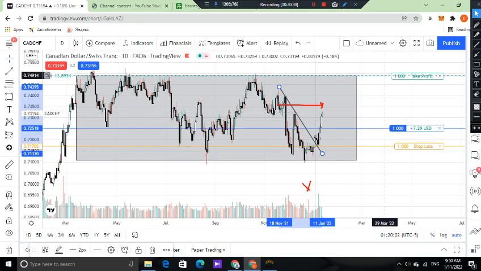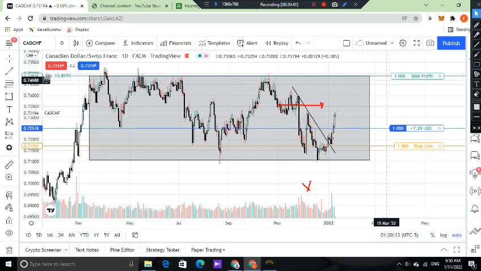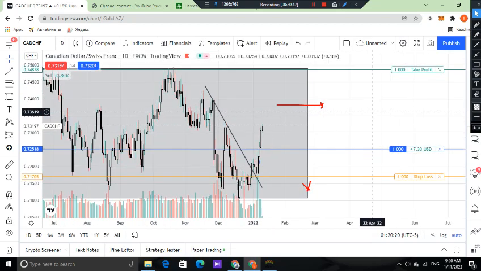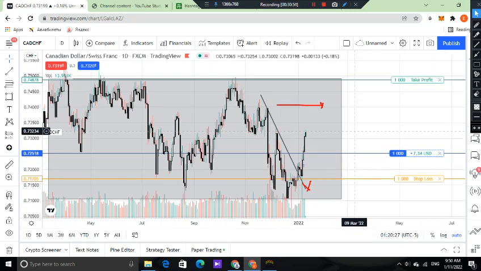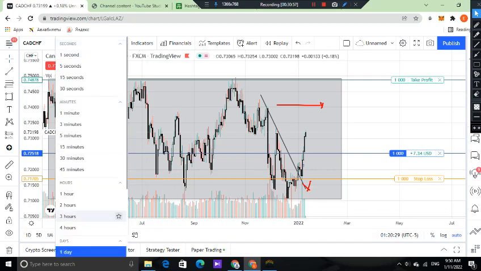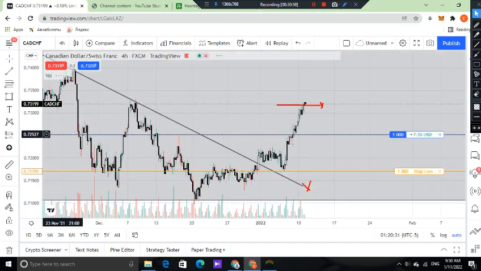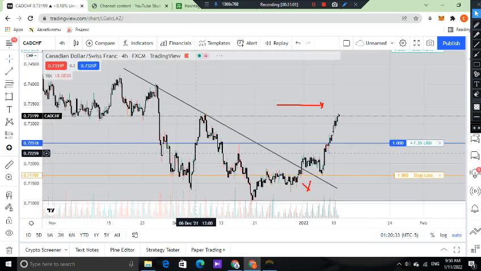I put my TP at the top of this trading range, and it makes sense, and it's moving in my direction, and my stop loss is below this pullback. And what about the 4H time frame?